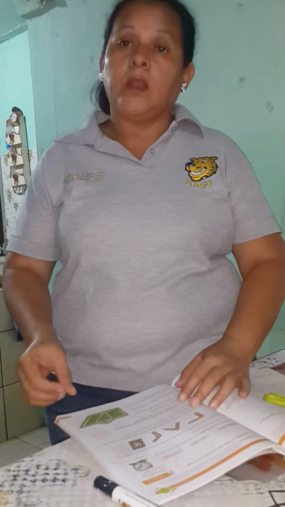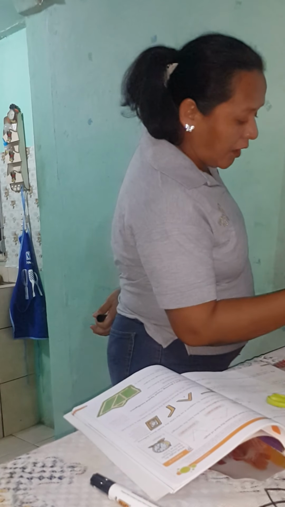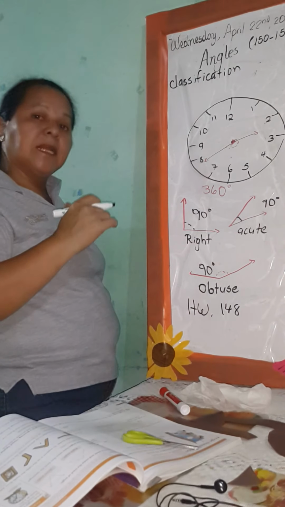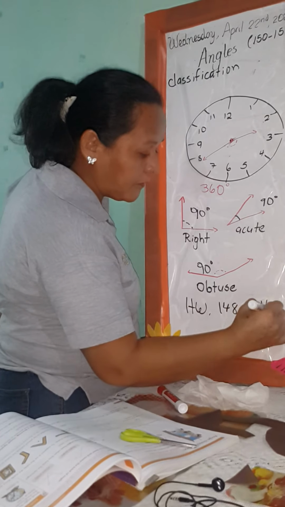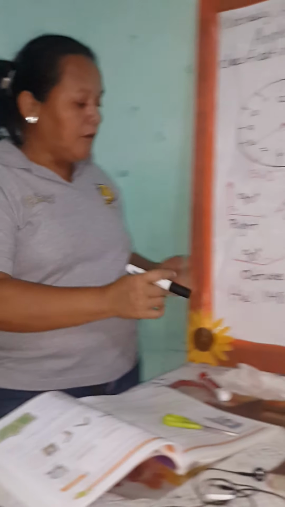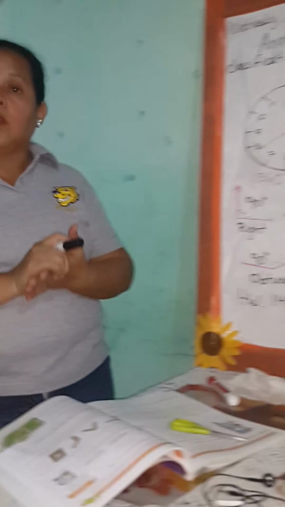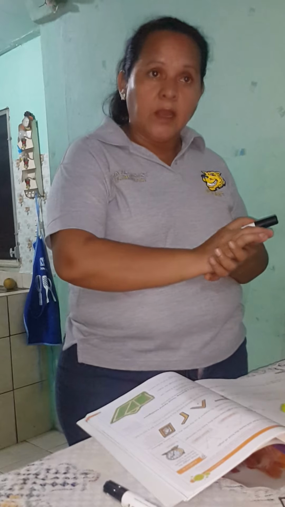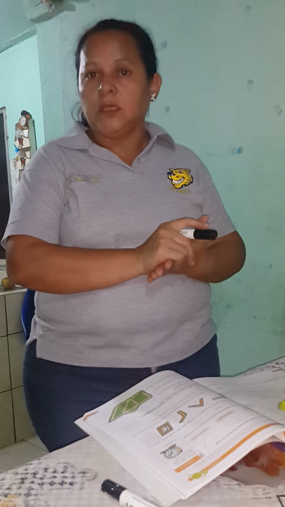Now, with this, you are going to work on page 150 and 151 as homework. So the homework of today is to solve from page 148, that was in the last class, until 151. That's your work. And in your math workbook, well, I don't have a math workbook here, but you have one at home, look in your math workbook. I think it is on page about 30.